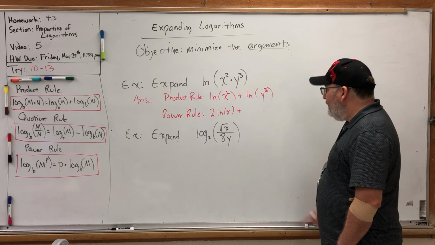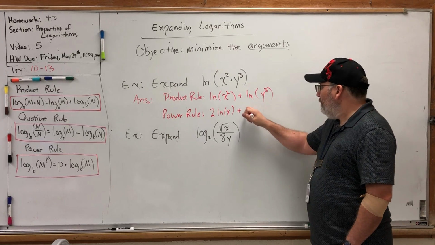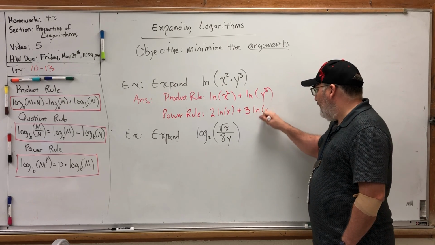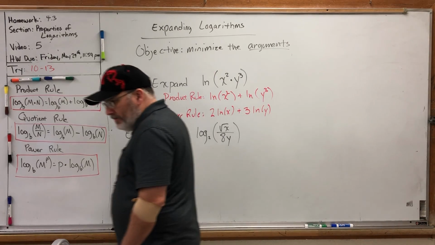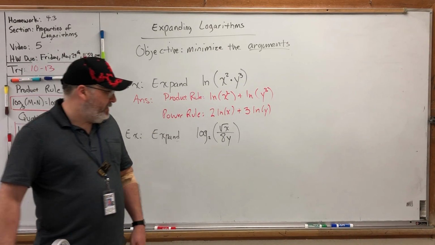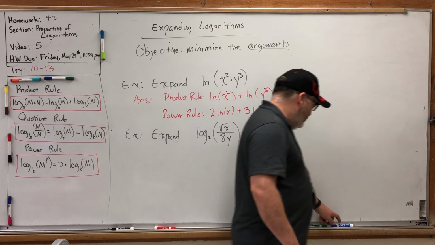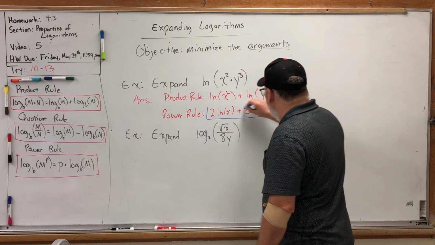Plus, same thing here. This logarithm's argument has a power. The power rule says we can put the power in front and write 3 times the natural log of y. At that point, the arguments are as small as they're going to get. There's only an x left here and only a y. Mission accomplished. We've expanded this expression completely.